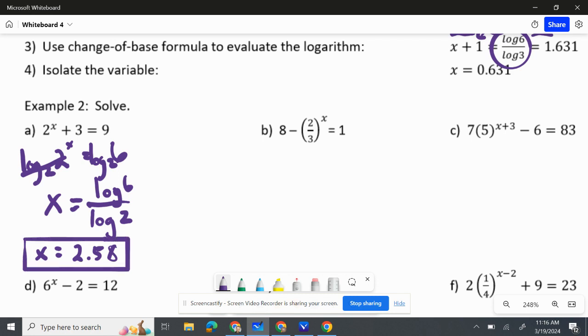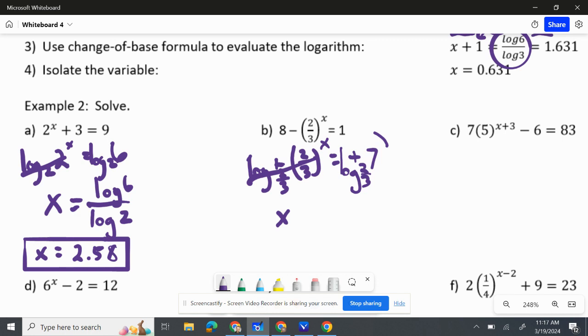For the next one, I'm going to subtract the 8, and when I subtract the 8, what I get is negative 7. Then because I have 2 negatives, I'm going to divide by negative 1 to get a positive. I want to get rid of the 2/3 in order to get the x by itself, so I'm finding the log base 2/3 on both sides. The base is the same, they cancel, and we get the x by itself.